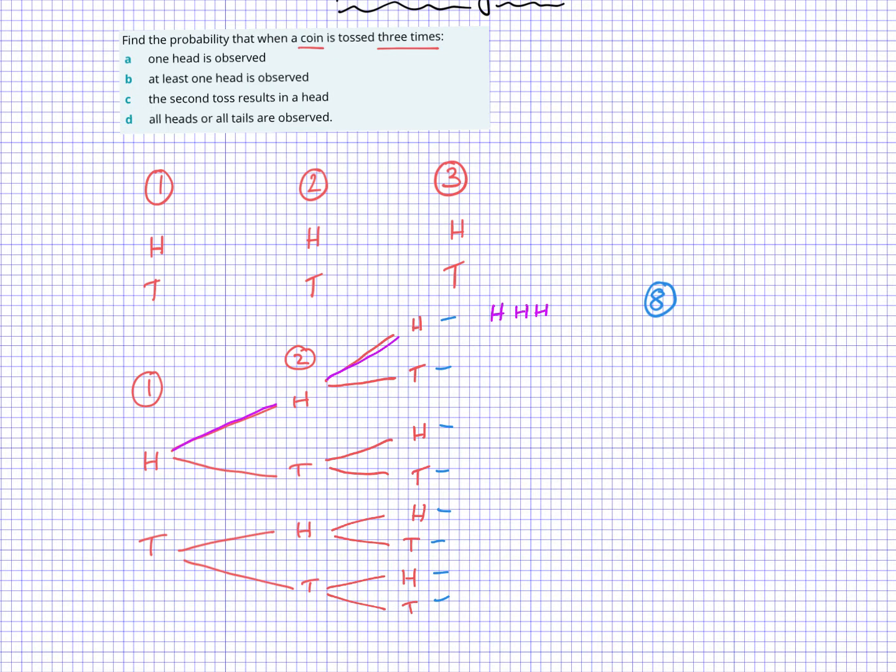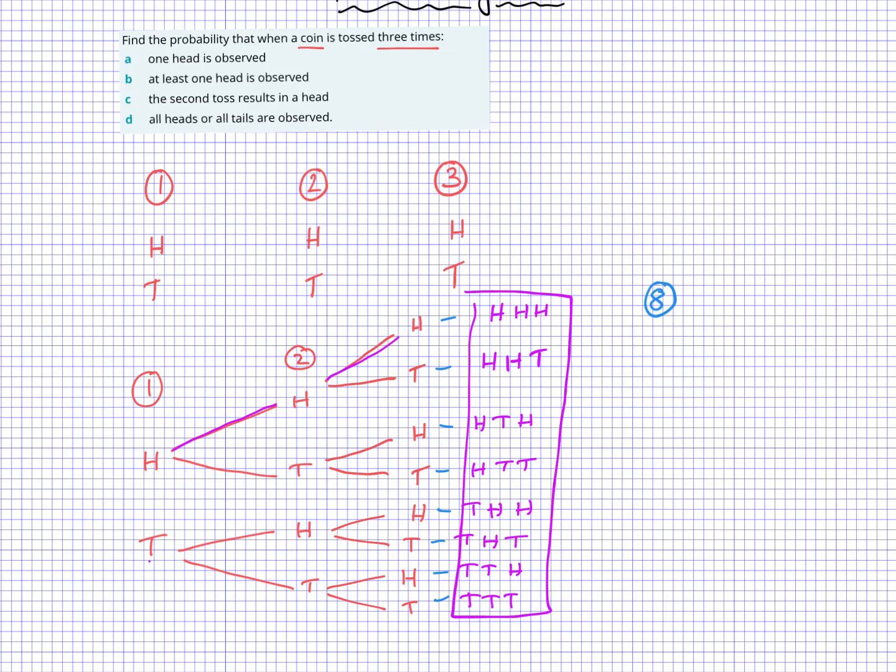The next one is head, head, tail. The next one is head, tail, head, then head, tail, tail. And then we drop into the ones that start with tail: tail, head, head, then tail, head, tail, tail, tail, head, and tail, tail, tail. Now this is the sample space.